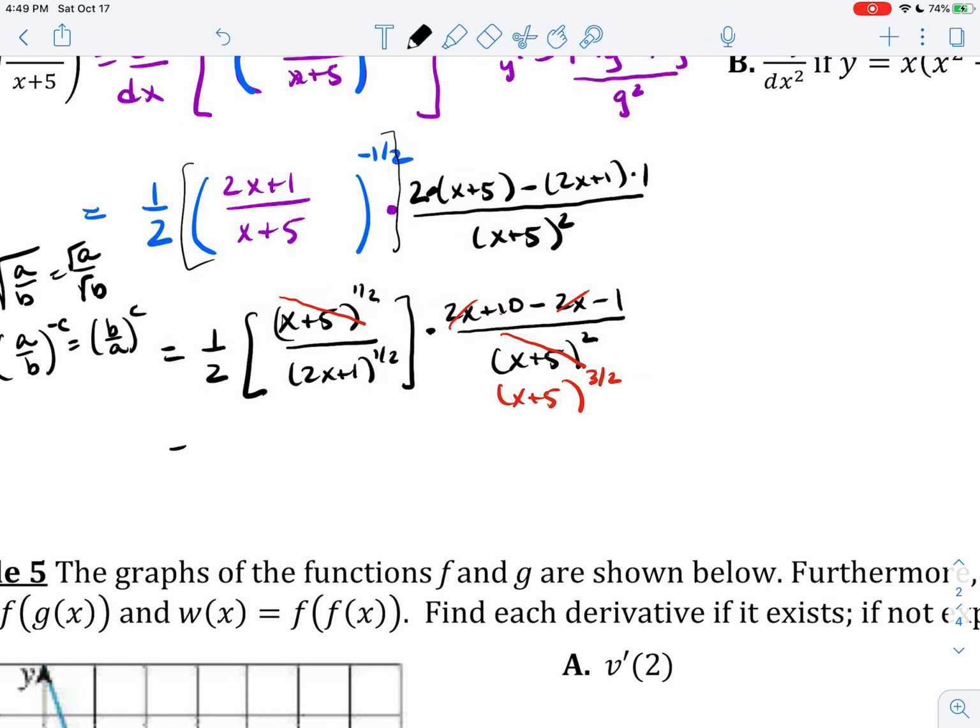And so my final answer here will be 9 over 2, and I can change that to radical again, 2x plus 1, or I can leave it as 1/2 if I want to be consistent with the next one. 2x plus 1 to the 1/2 times x plus 5 to the 3/2.